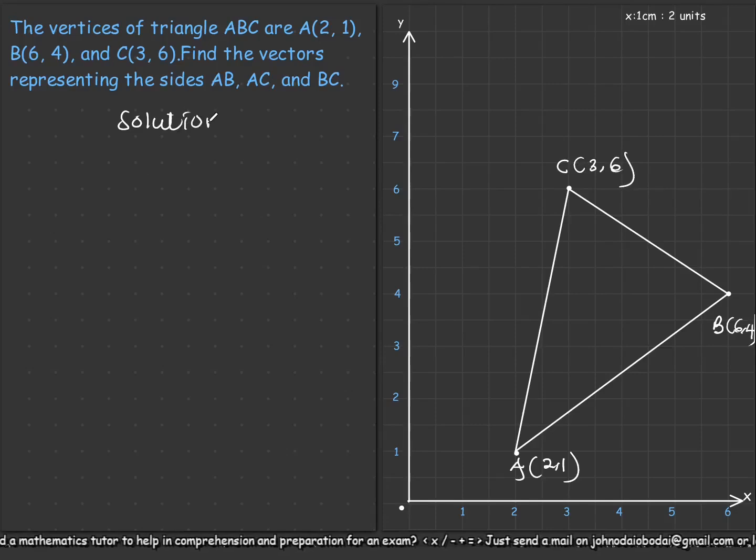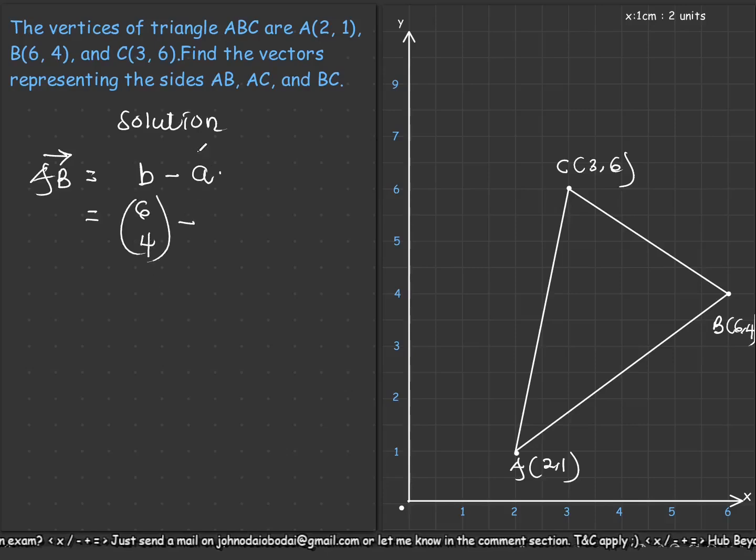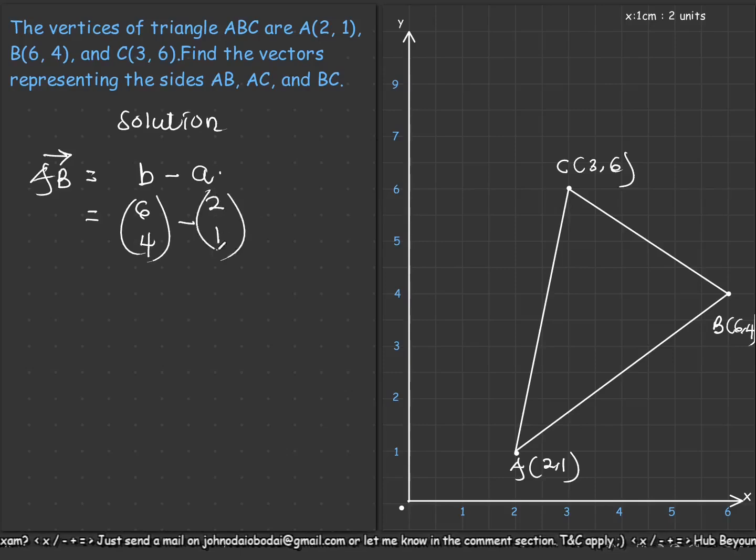We have to solve for AB. For AB, we know from our lesson so far that AB is the position vector of B minus that of A. So substituting, our B is (6, 4), then minus the A, which was (2, 1).